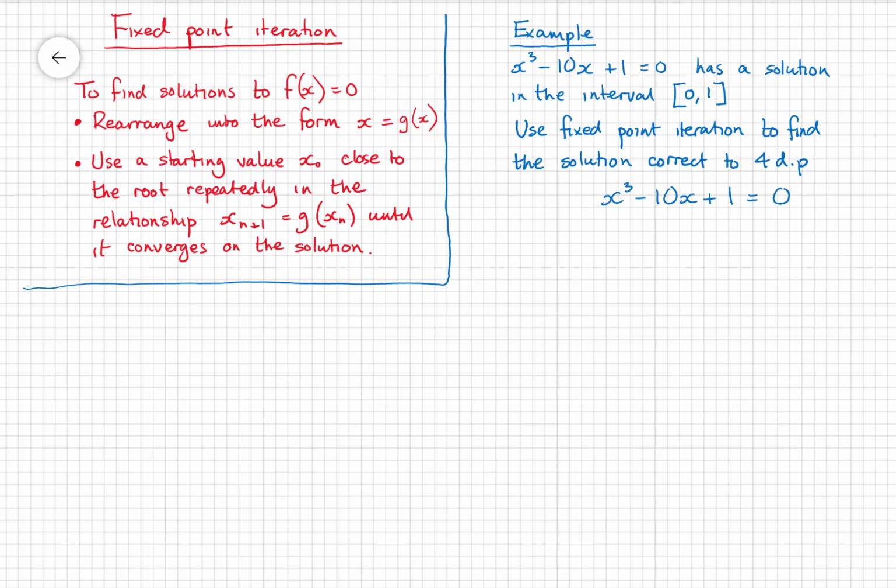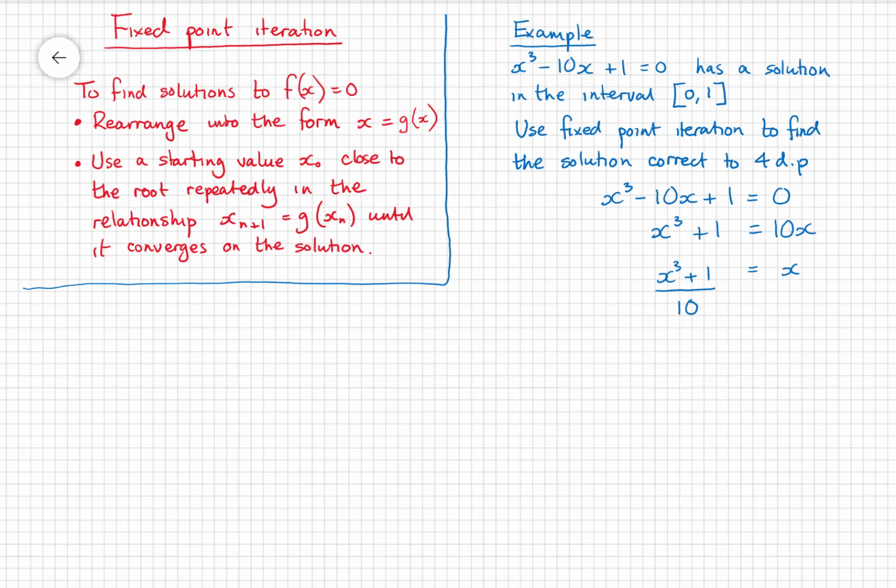So beginning with the equation that we're trying to solve, we've now got to rearrange it so that we've just got x on its own on one side. So we'll add 10x to both sides so that we get x cubed plus 1 is equal to 10x, and then dividing by 10 we get x cubed plus 1 over 10 is equal to x.